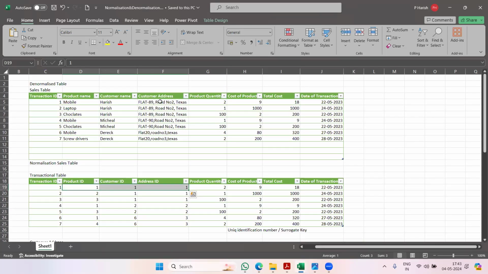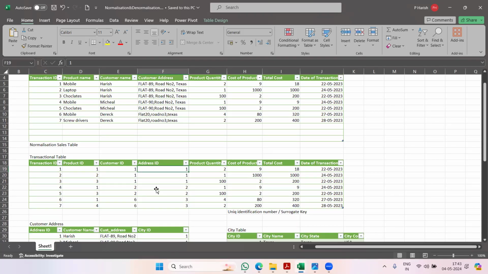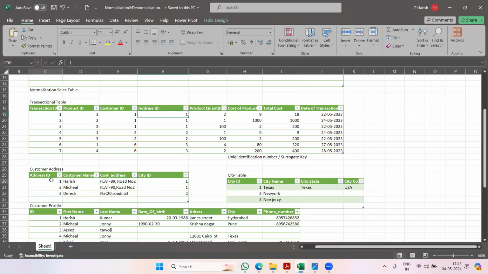Now just think of it. An address I am storing in 20 characters, but I'm just storing it in 1 character. Not just one person's address, say 100 customers would be there. Now all these 100 customers, I'm going to store their address one time in the address table and I'm going to refer to this address ID multiple times here.